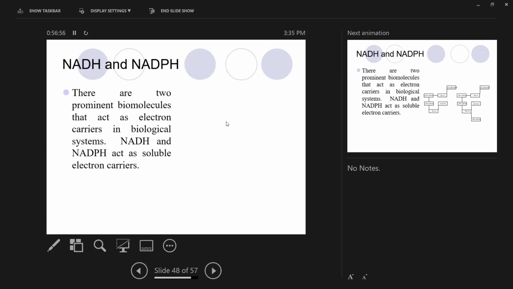Okay. So the two big players, not the only ones, but definitely the ones most used for redox reactions in cells, are NADH and NADPH. NADPH tends to be used more for anabolic reactions. NADH is used more for catabolic reactions and energy yielding processes.